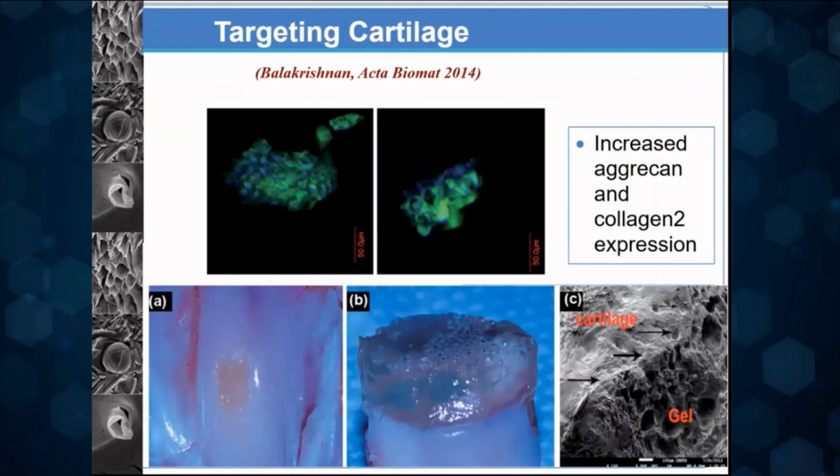Common places where these have been applied a lot are in the joints. Can we look at the extracellular matrix of cartilage? Can we look at depots for arthritis so that you get enhanced action in the joints but minimal effects elsewhere systemically?